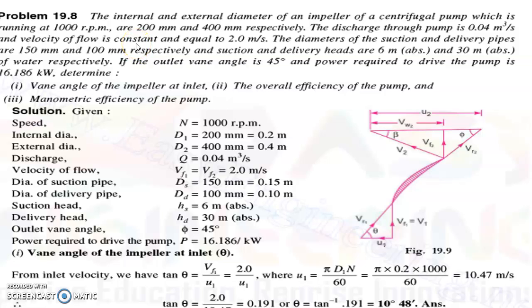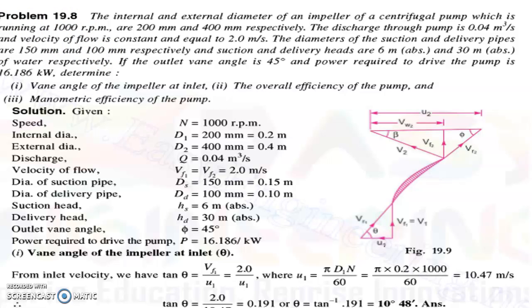That means VF1 is equal to VF2 and that is equal to 2.0 meter per second.